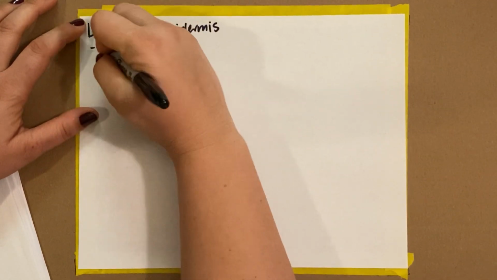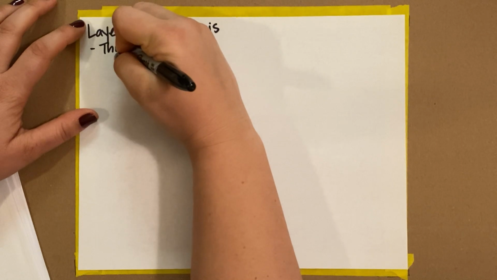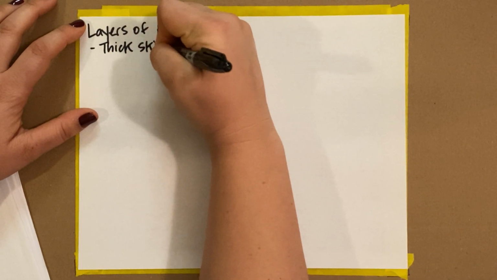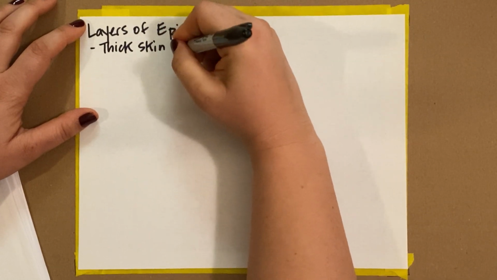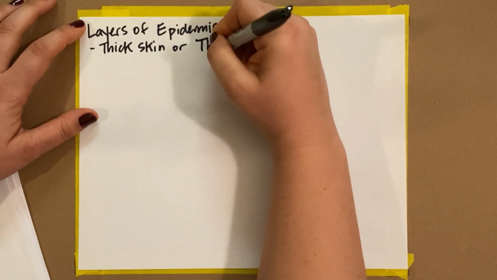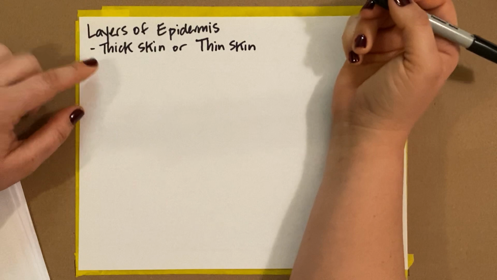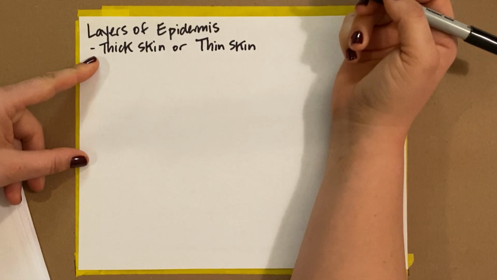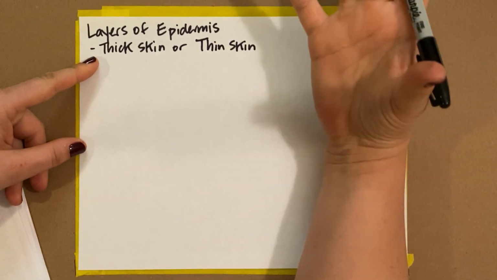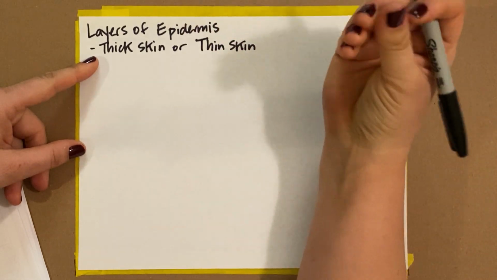Okay, and so there is something called thick skin. And we also have thin skin. Okay, so thick skin are going to be in areas that are going to be subject to abrasion. Okay, so something that's going to have a lot of friction.